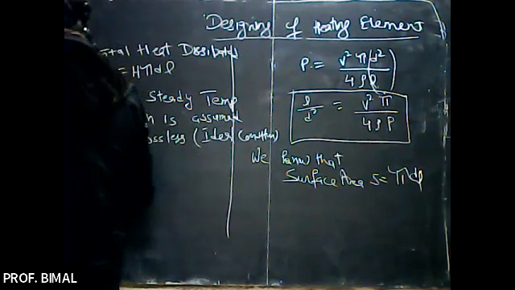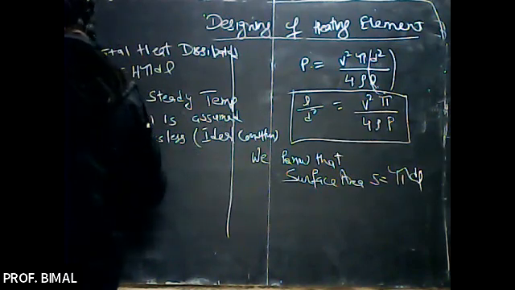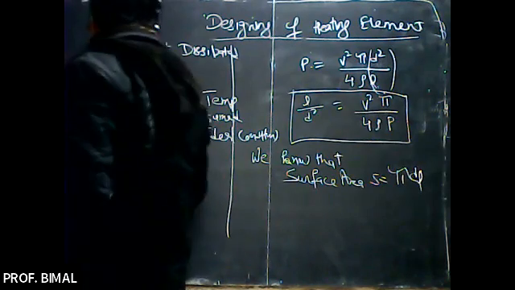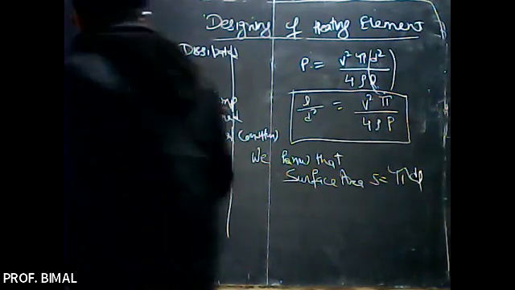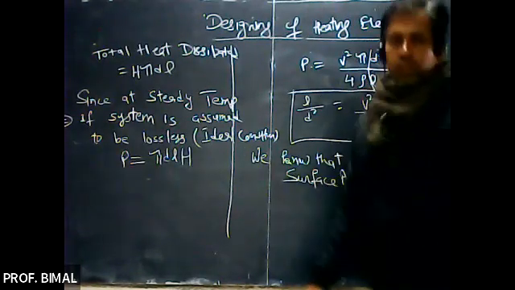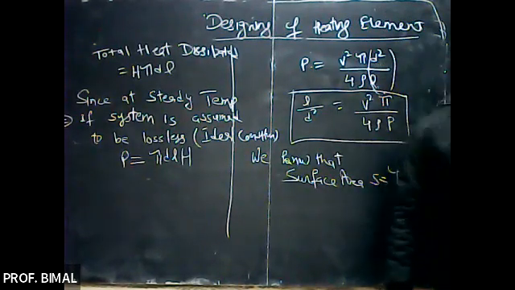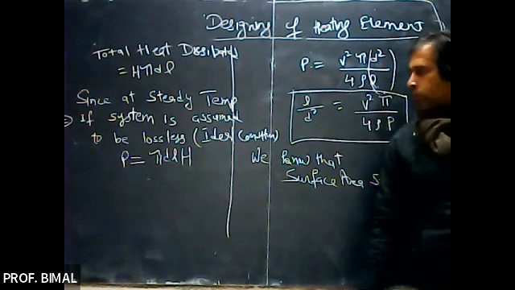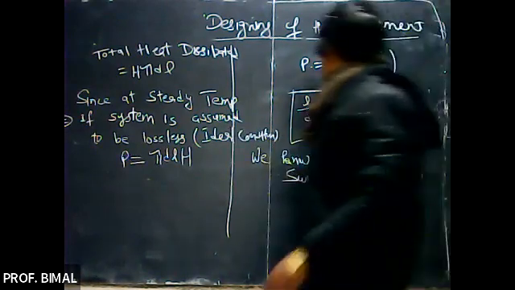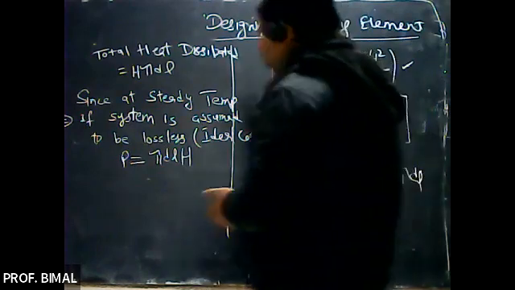Then P, the electrical power input, will be equal to pi dl into H. P is equal to pi dl into H, right? So we had calculated the value of this P from the previous equation. This is your value of P, right?